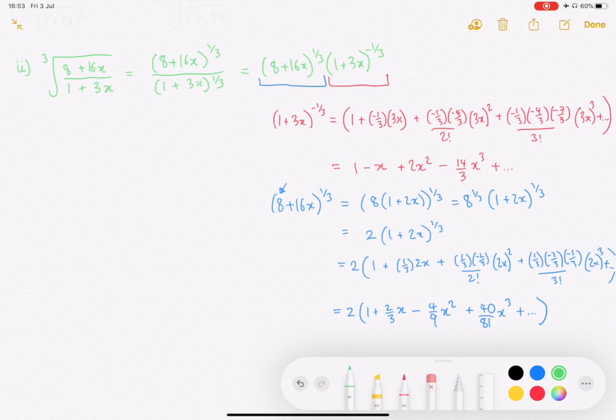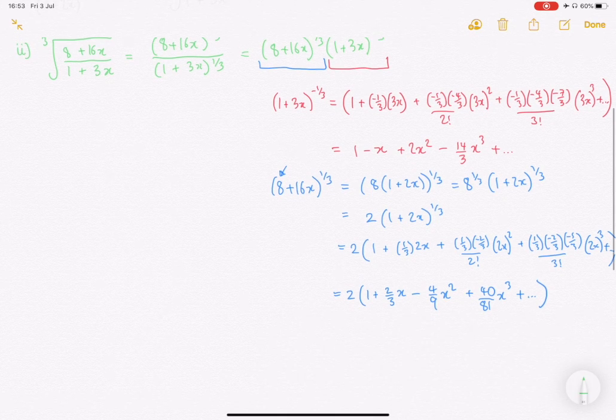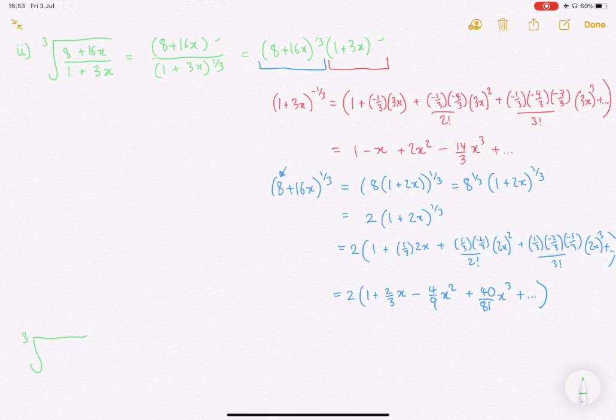So our original expression here, we know that the cube root of 8 plus 16x over 1 plus 3x is equal to this multiplied by this.